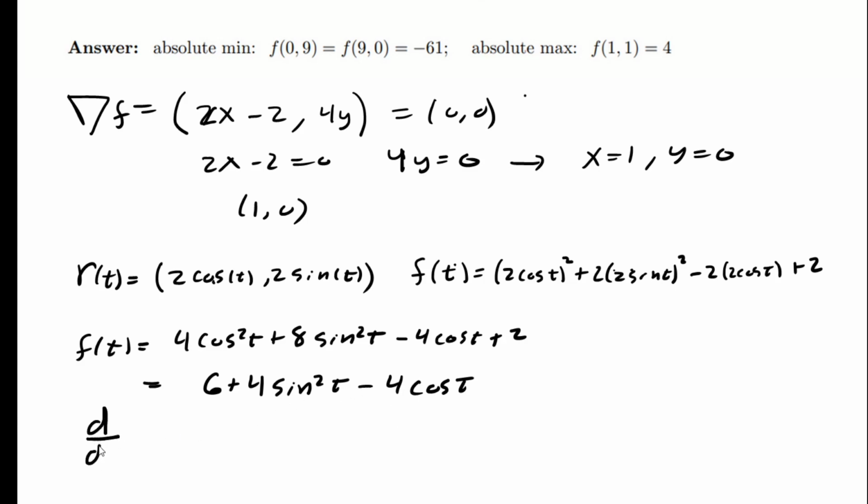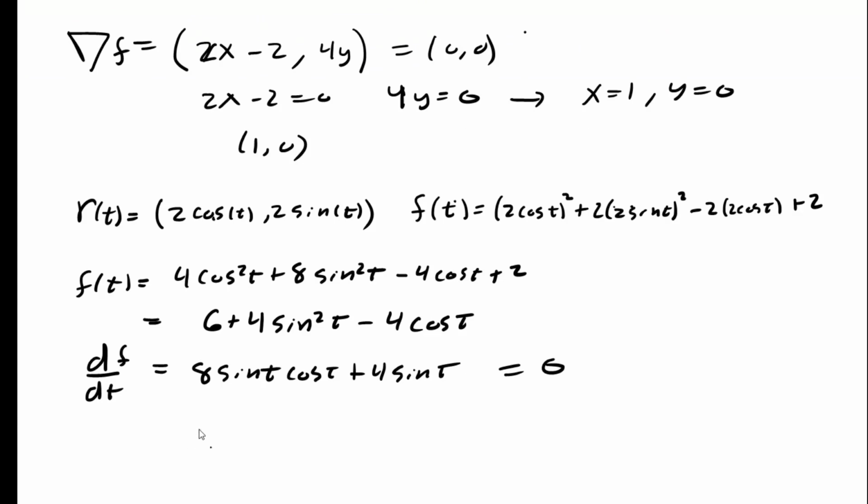Now I do the derivative, like usual, of f with respect to t, like Cal 1. So I have 8 sine t cosine t minus, derivative of cosine is negative sine, plus 4 sine t. Set that equal to 0. Factor out the 4 sine t.